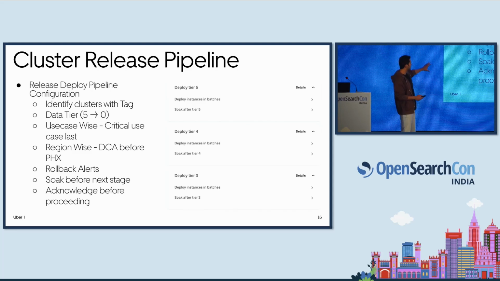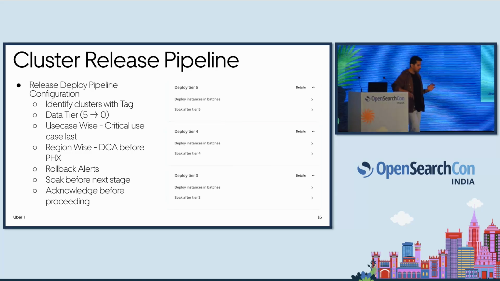Then you want to define a soak, which means you want to give enough time after every tier upgrade so that your alert can actually soak in and trigger if there is an issue, right? And then before you move on to your final critical clusters, we introduce a manual acknowledgement.